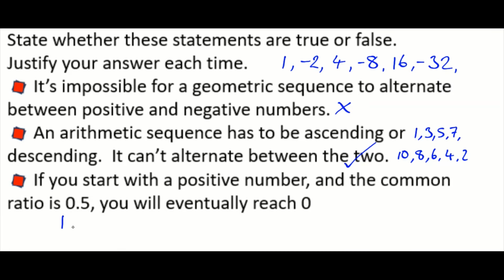With a ratio of a half, we'd have 1, then a half, times another half is a quarter, times another half is an eighth, times another half is a 16th, and so on. You can see that these fractions are getting smaller and smaller, but it will always be 1 over something, so we'll never actually reach 0. The same would be true no matter what number we started at. We would keep getting smaller and smaller, but we won't actually reach 0.